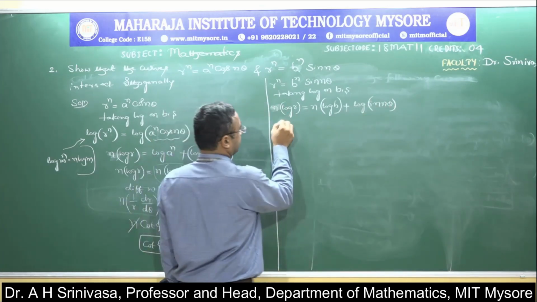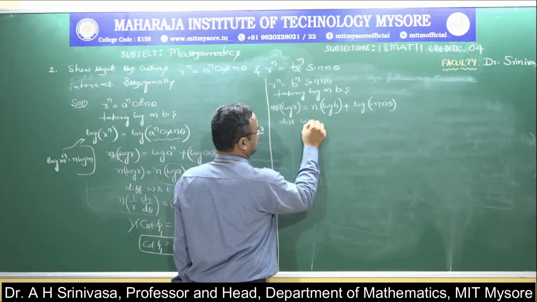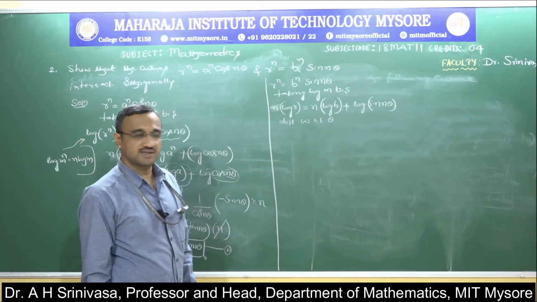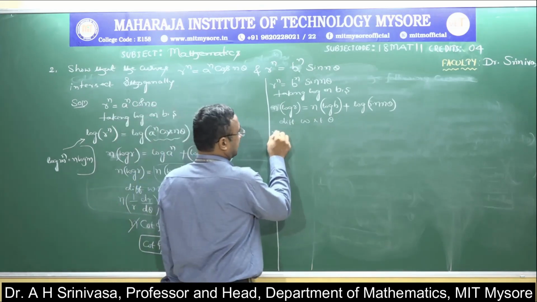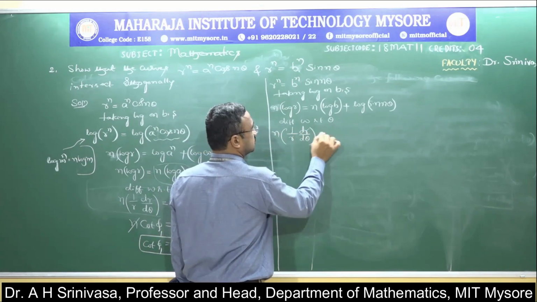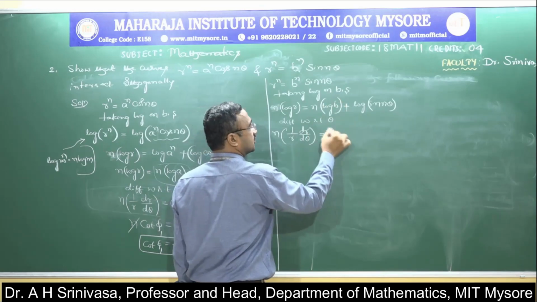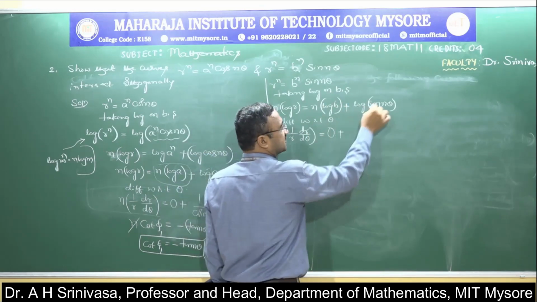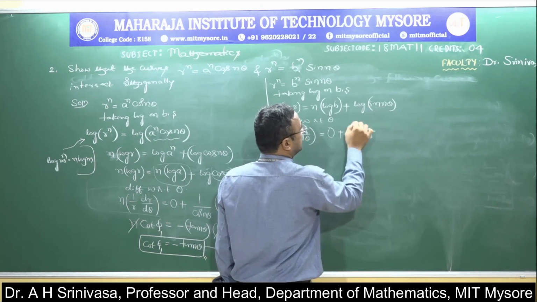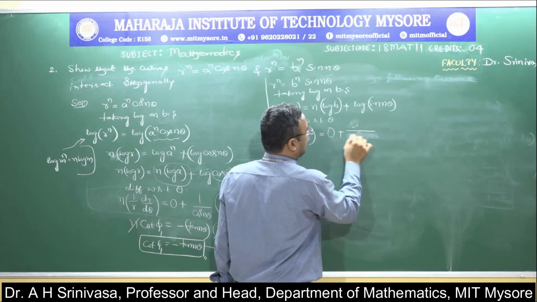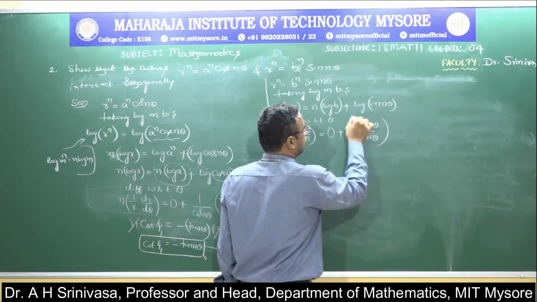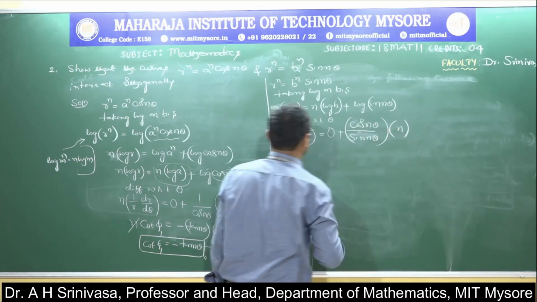Now differentiate this with respect to theta. Then n into 1 by r dr by d theta should be equal to, this is a constant function so 0, plus again the same procedure: differentiation of log is 1 by sine n theta, then differentiation of sine gives cos n theta into n.